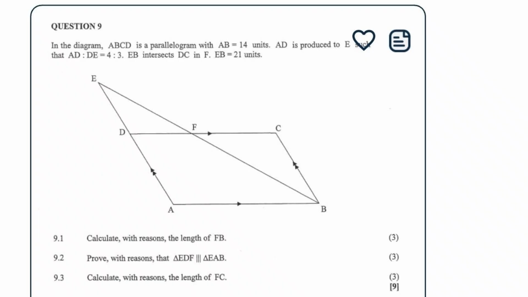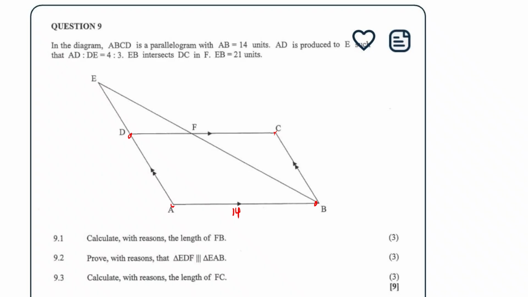Circle geometry. Right, so in question 9, in the diagram, ABCD is a parallelogram with AB equal to 14 units.